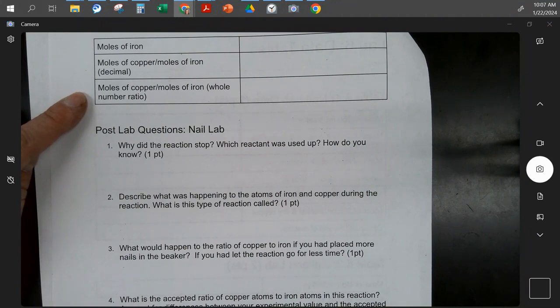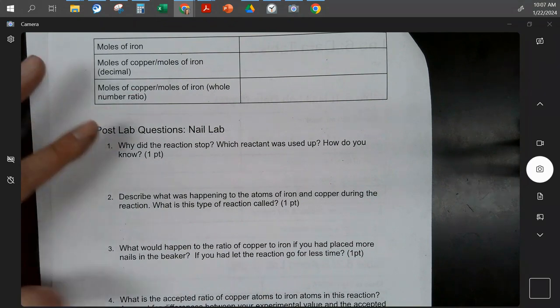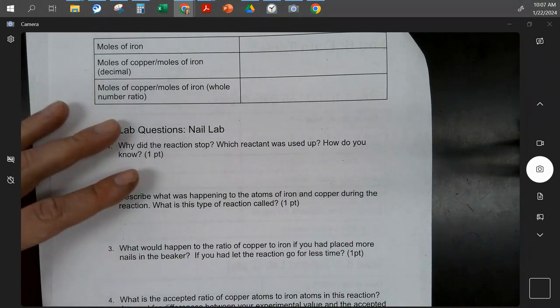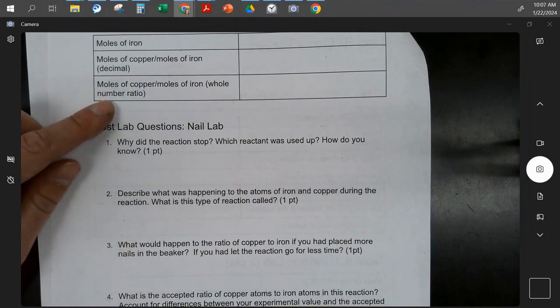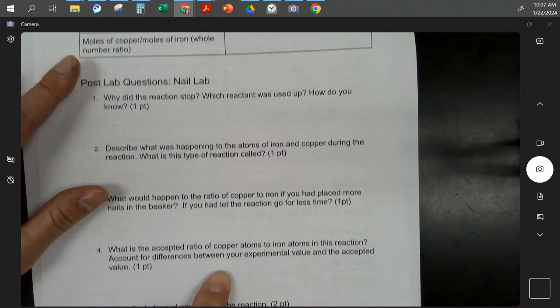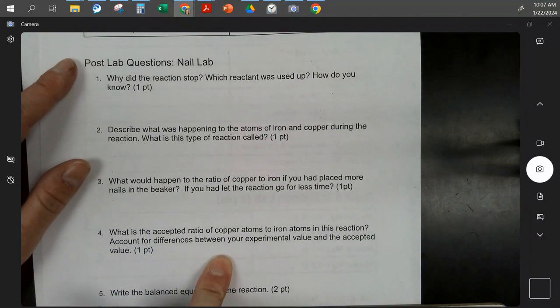Is yours a 2 to 1? So compare to the accepted value. And it doesn't have to be the accepted value. Ours is an experiment and the other one's like theory. Okay, so what could have happened to make your value different than the accepted value? Any ideas?